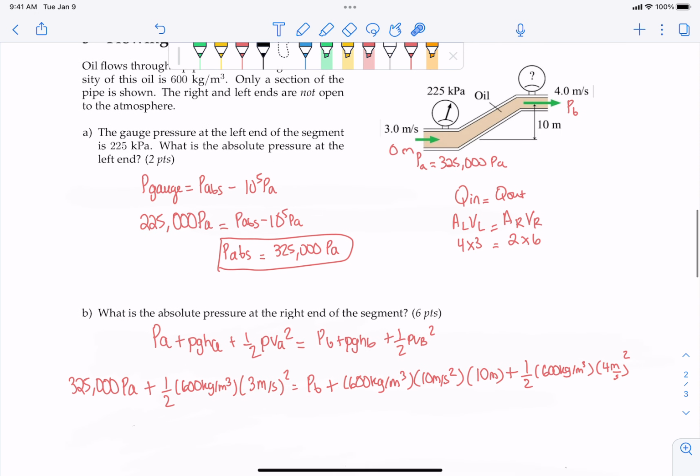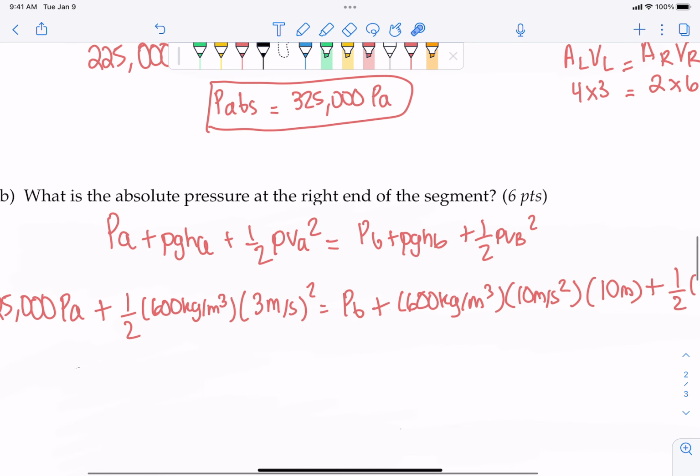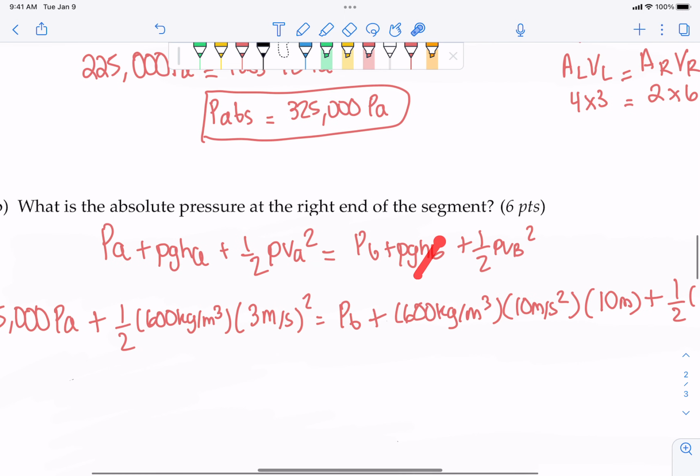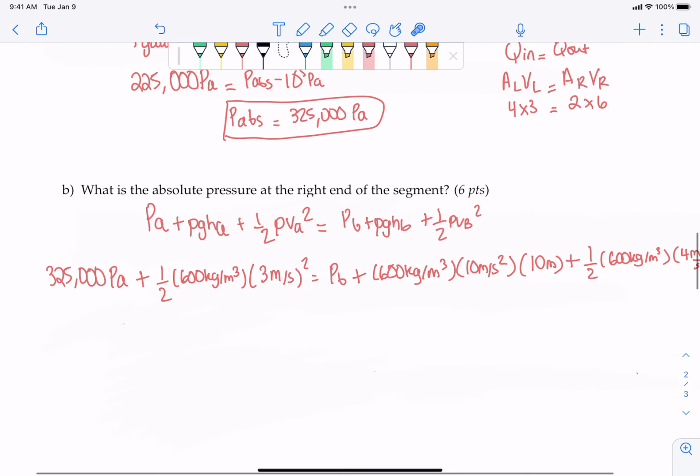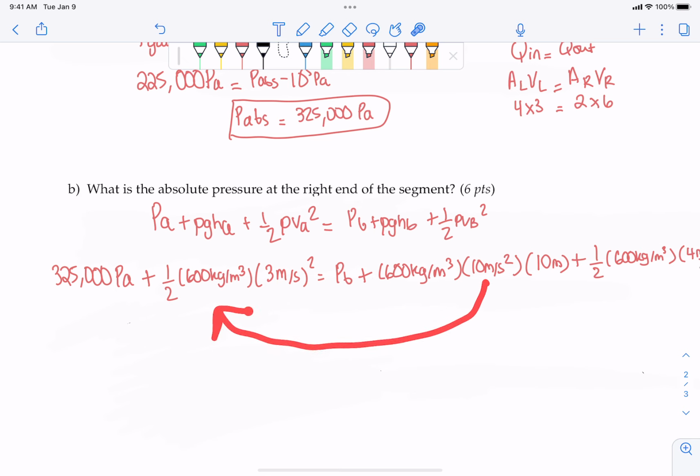But if we were to say then that PB is at 0 and PA is at 10, then we'd be looking at this being 0 and HA being 10. So without having to calculate the whole thing over again, I can just subtract this term over.